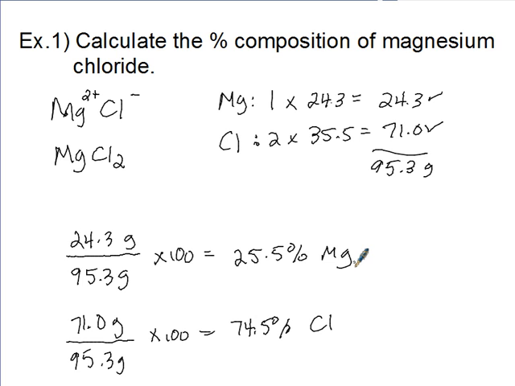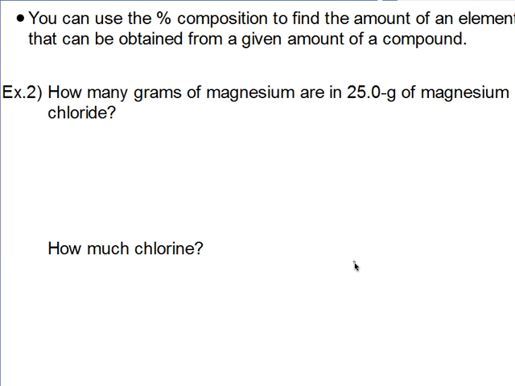Okay? All right, so you can actually use those percent compositions to find the amount of an element that can be obtained from the given amount of a compound. Okay, so we've already determined that magnesium chloride is 25.5% magnesium and 74.5% chlorine.